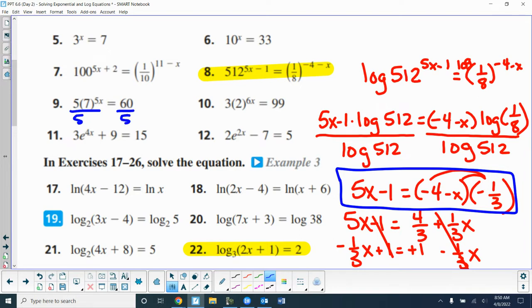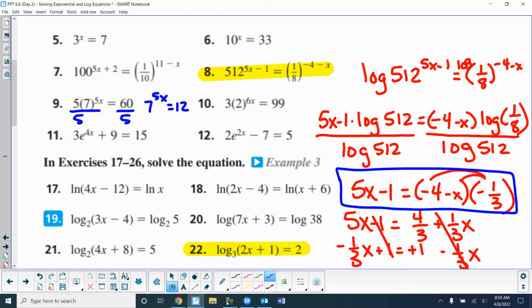Get that 5 out of there so it doesn't mess with you. So I got 7 to the 5x equals 12. Then I would do that problem. Take the log of both sides.